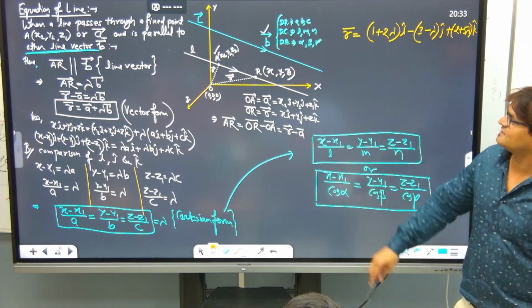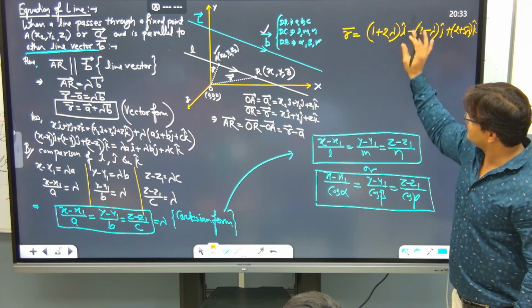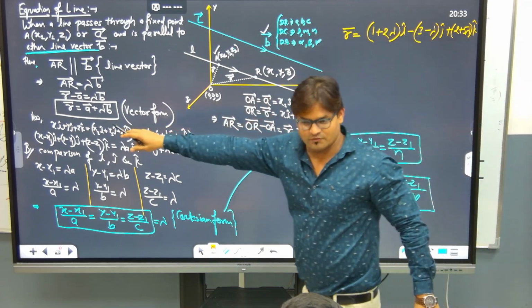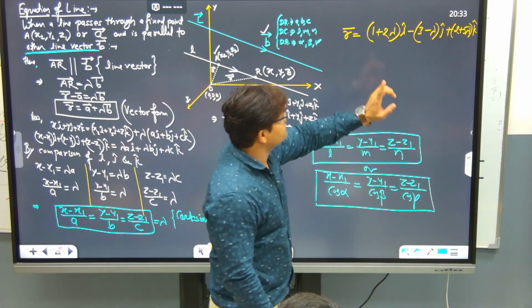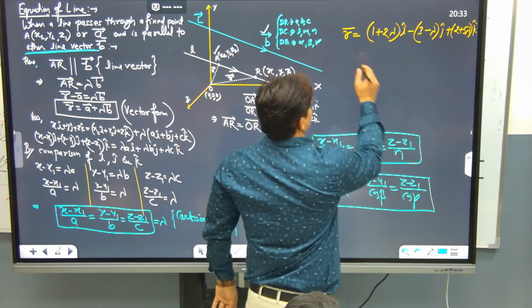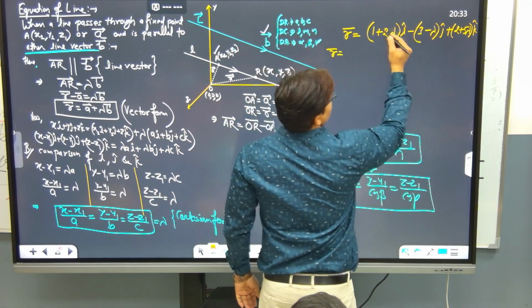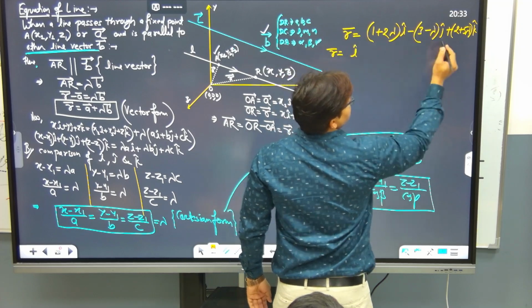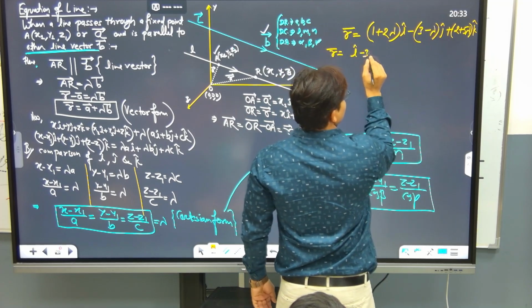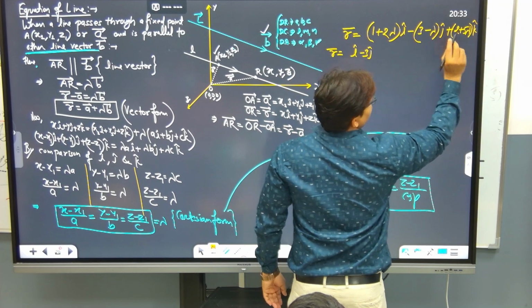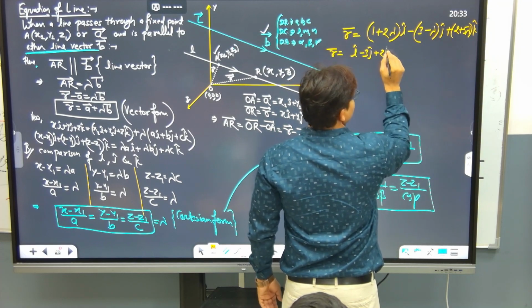For this case, first we have to write this form into the standard form. So first take all the non-lambda terms: i cap, minus 3 j cap, plus 2 k cap, without lambda terms. This is the first vector.